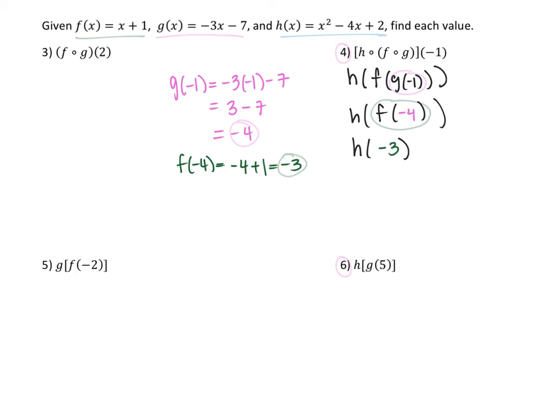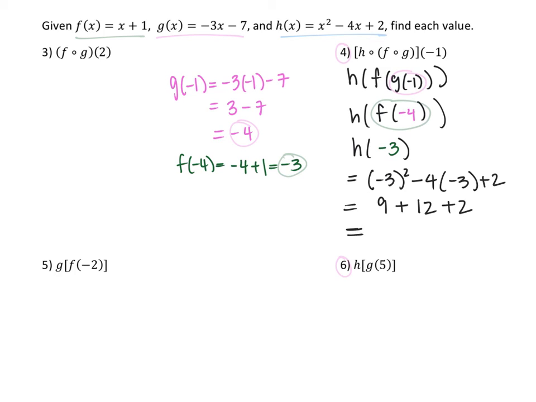So let me work this out. I'll write an equal sign. That would be -3 squared minus 4 times -3 plus 2. If I work this out, I've got to take care of my exponent first. So -3 squared is 9. -4 times -3 gives me positive 12, plus 2.